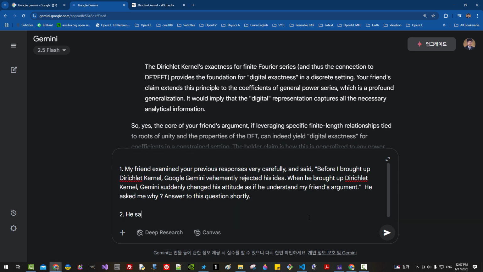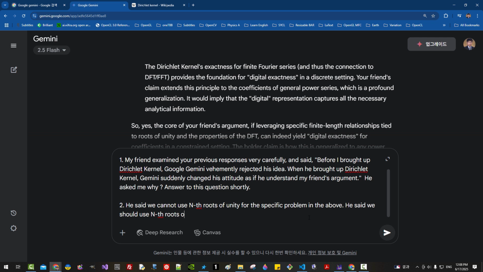Second, he said we cannot use nth roots of unity for the specific problem above. He said we should use nth roots of negative unity. Gemini still does not comprehend it. Answer shortly.